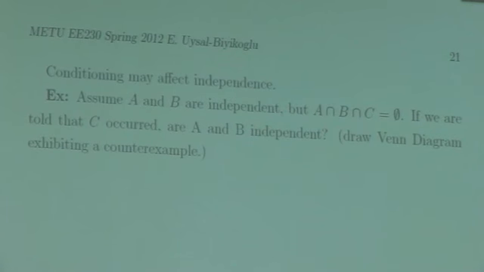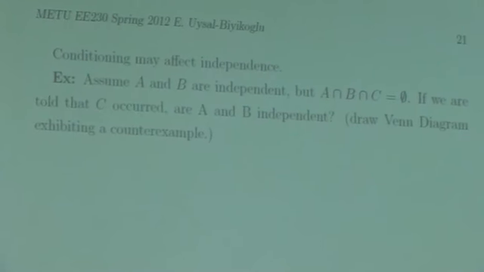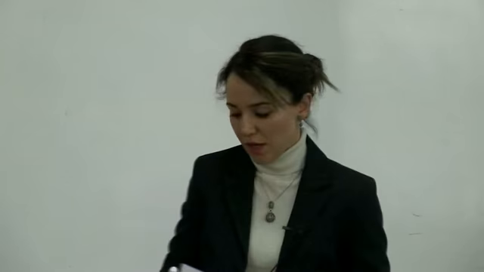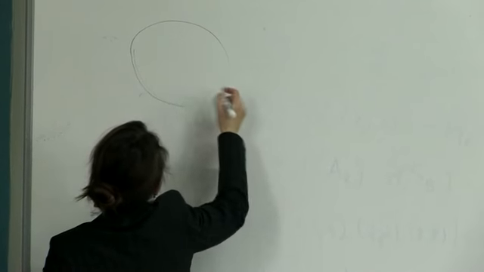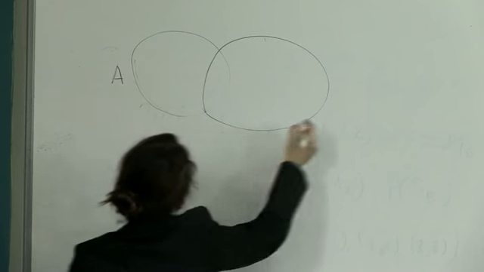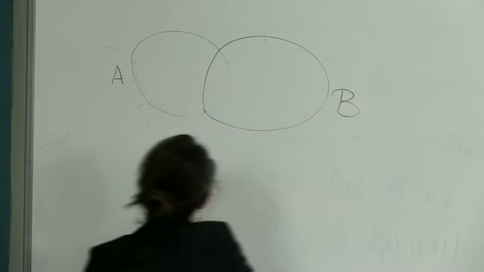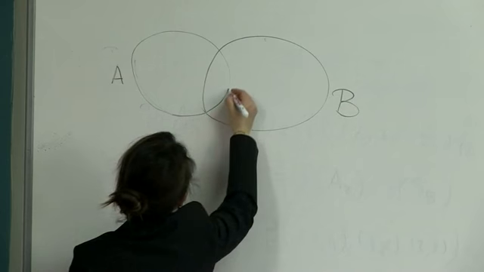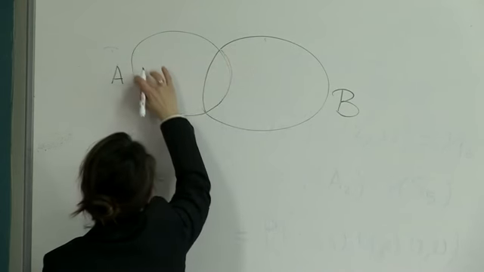Drawing a Venn diagram can be a very easy way of exhibiting a counterexample showing that A and B may not be independent. So here's a counterexample. Let this be event A, let this be event B. They have a non-empty intersection.